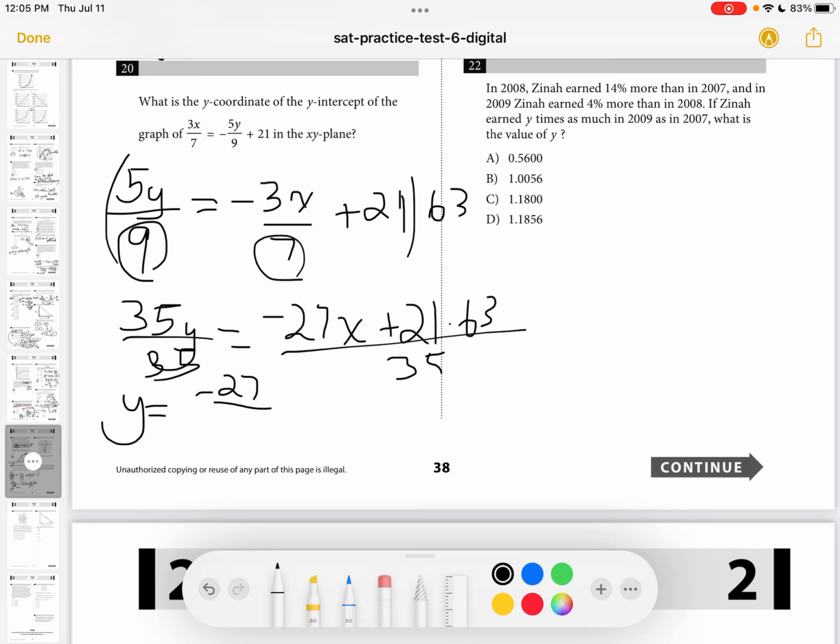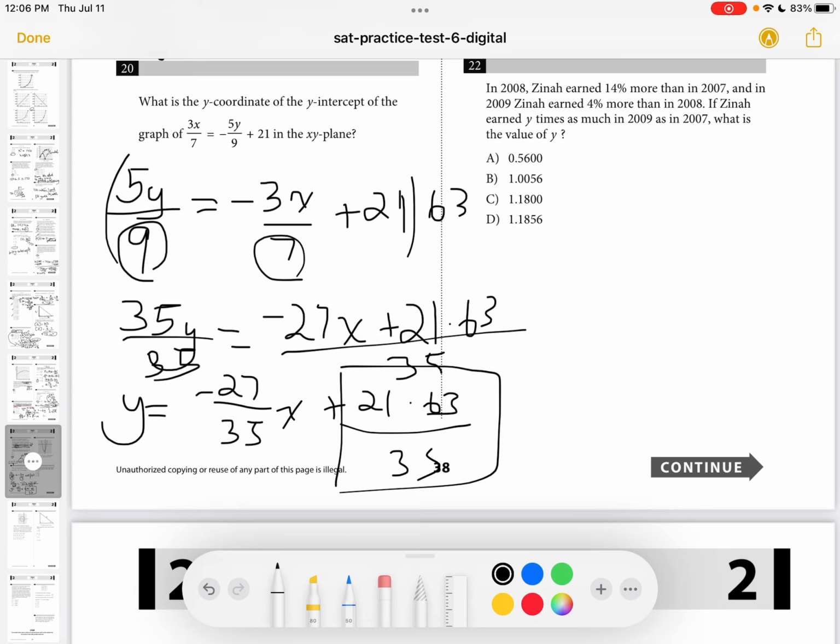So y is equal to negative 27 over 35x plus 21 times 63 over 35. Now we're only concerned with the y-intercept value, which is the b value. So I'm just going to evaluate this expression really quick. If I cancel this, we get 5 here, 3 here. So our y-intercept will be 63 times 3 divided by 5, which is 189 divided by 5.